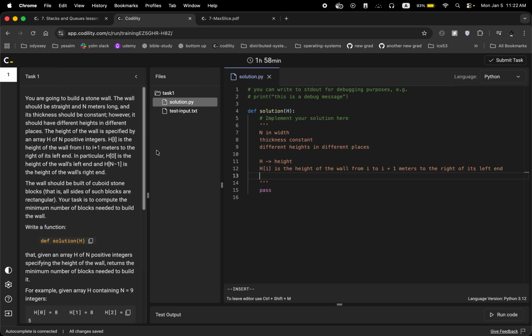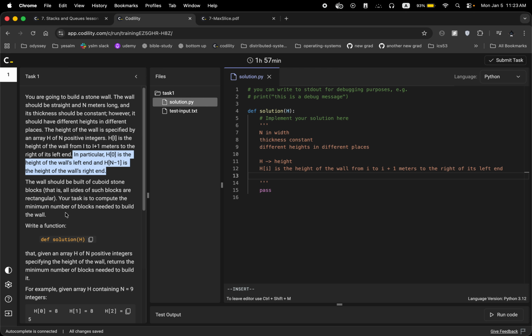Okay, so that just represents a wall. In particular, h0 is the height of the wall's left end, and h n minus 1 is the height of the wall's right end.